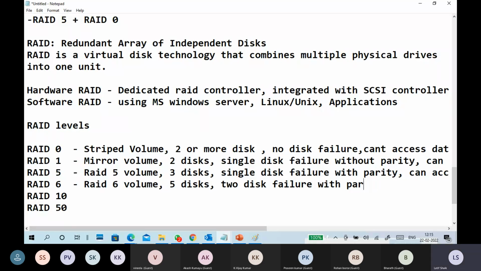Even if two disks fail, we can still access data. So it is a combination of RAID 0 and RAID 5. Sorry, RAID 0 and RAID 1. That you have to check again. Okay, RAID 5 and RAID 0.